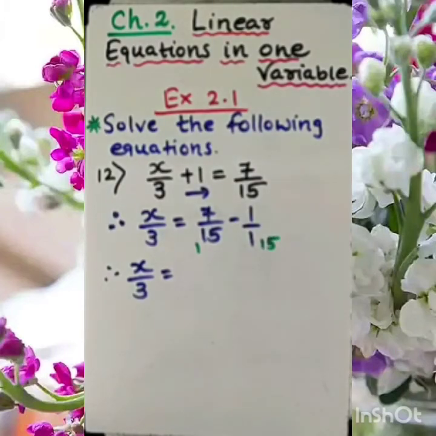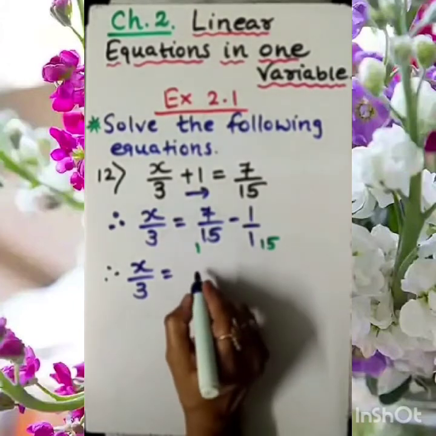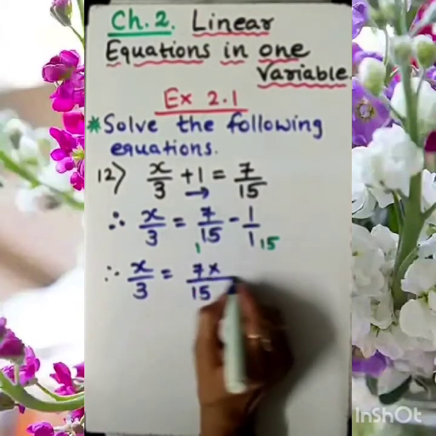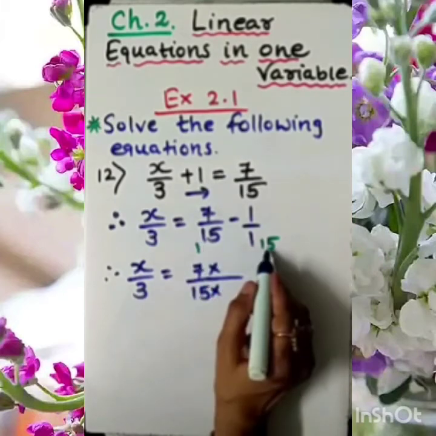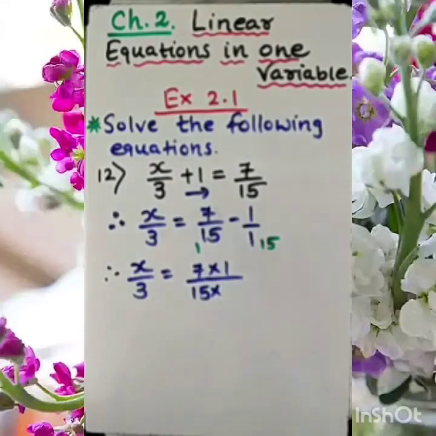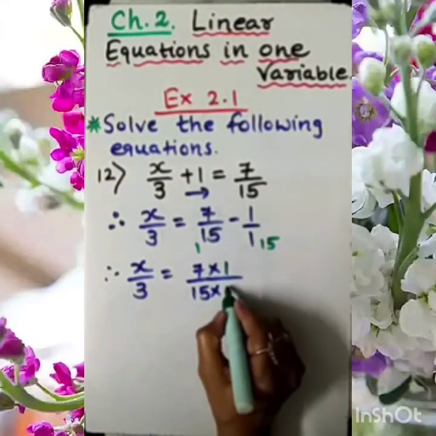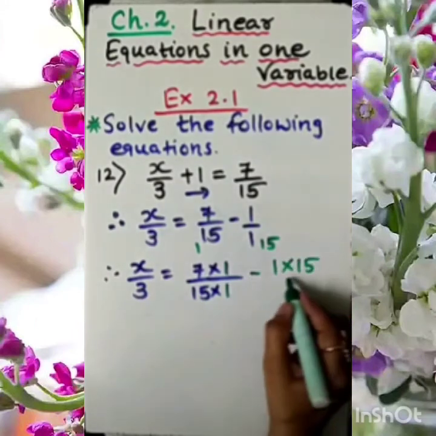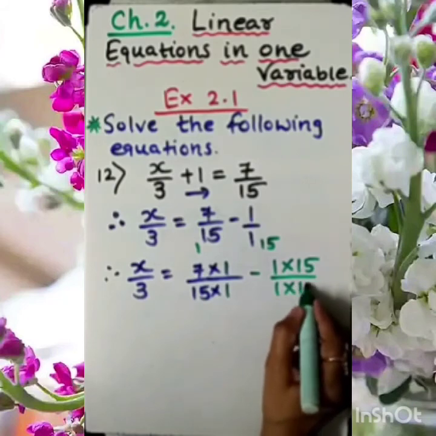So what do we have here? This is 7 upon 15 into 1. Here this side we need to multiply by 1, so I am writing 1. Here 1 is already there, I am writing 15. Here also with 15.